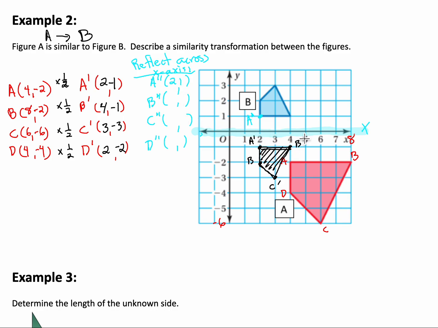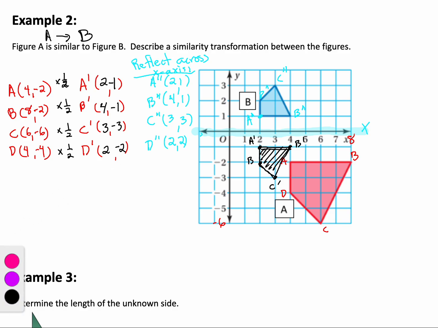B prime was this one, so reflect, so that would be B double prime, so that would be 4, 1. C was reflected up to here because it was 3 down, so 3 up. So 3, 3 would be the coordinate pair. And D was 2 down, so it has to be 2 up. So that would be D double prime. So 2, 2 would be that coordinate pair.